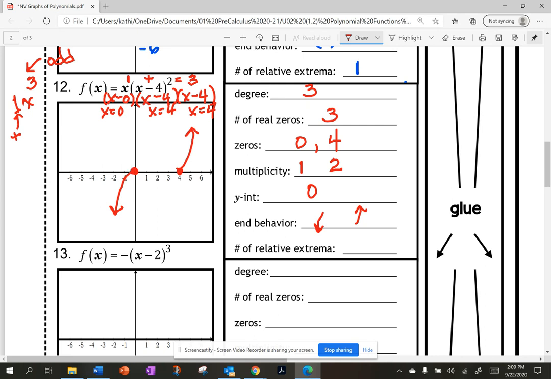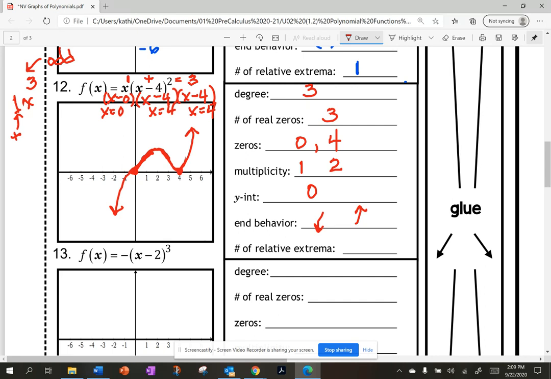And then to draw in the rest, I'm going to add what I know about the multiplicity. If I have an odd multiplicity, I am going to cross the x-axis. So I know I'm going to continue up. If I have an even multiplicity, I'm going to bounce, so I'm not going to cross. So to draw in the middle, I'm going to cross and then bounce, and I'm getting that from the multiplicity.